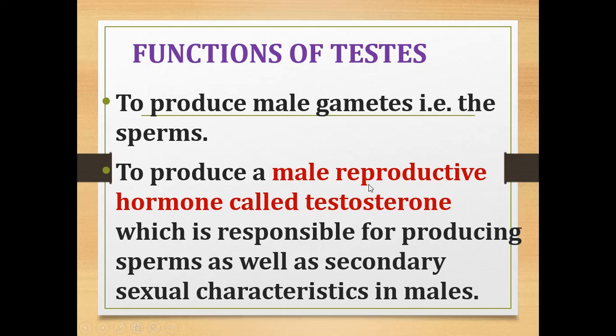A male reproductive hormone called testosterone is responsible for producing sperms as well as secondary sexual characteristics in males.